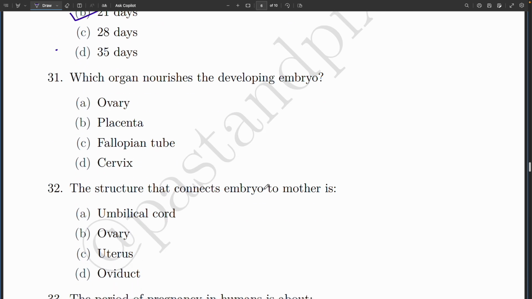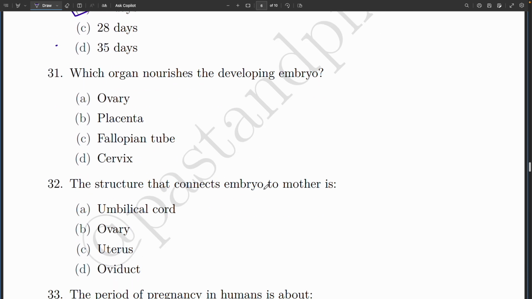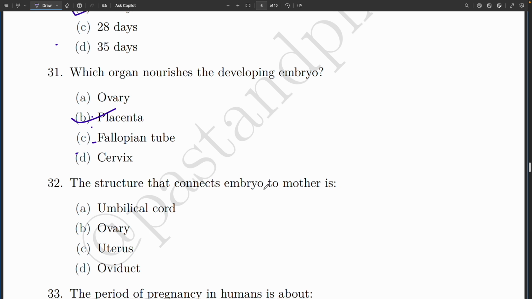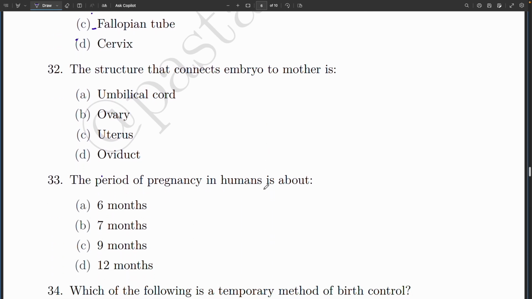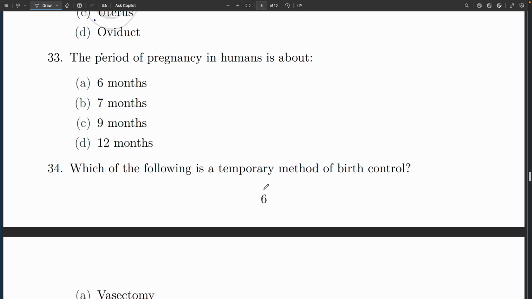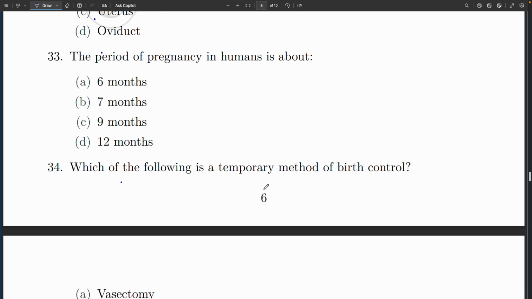Which organ nourishes the developing embryo? So the answer will be placenta. The structure that connects embryo to the mother is the umbilical cord. The period of pregnancy in humans is about 9 months.